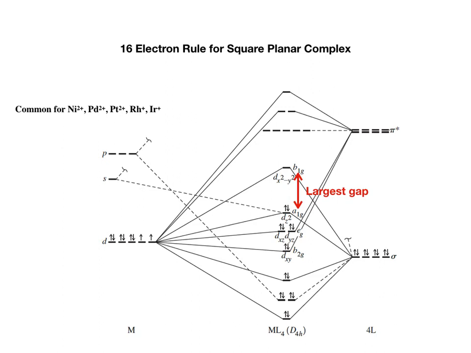If you count the number of electrons you can fill in from the bottom up to a1g, you can fill in exactly 16 electrons. Square planar complexes are most common for nickel, platinum, palladium, rhodium, and iridium centers, and in those cases, you should expect the 16 electron rule instead of the 18 electron rule.